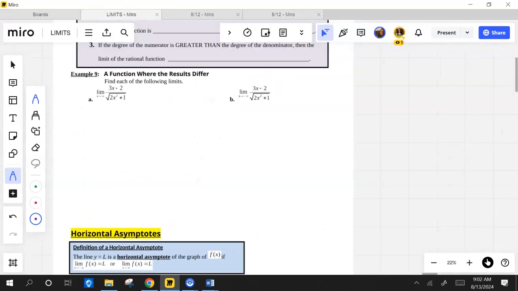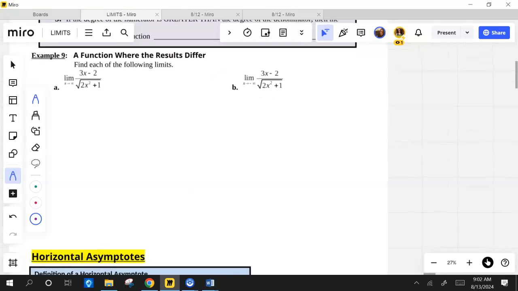Look at example 9. Try part A. And if I plug in here, adding to infinity is useless.